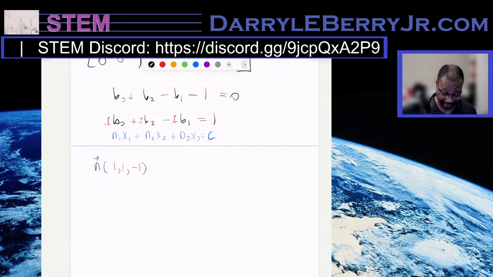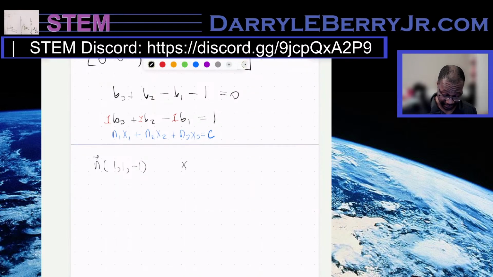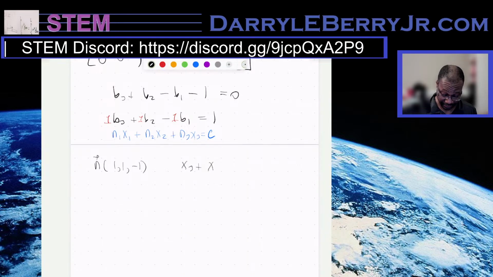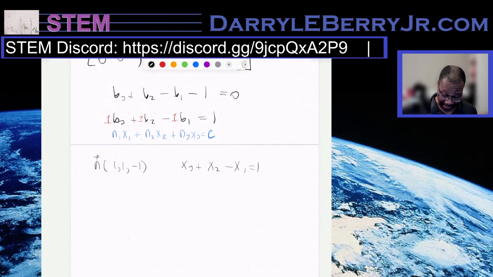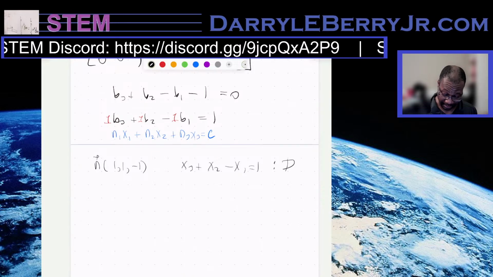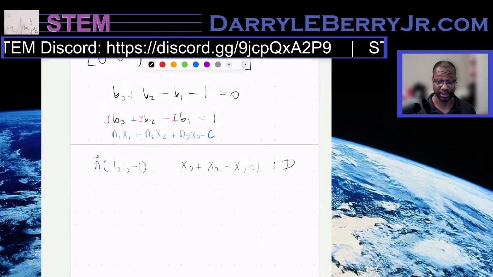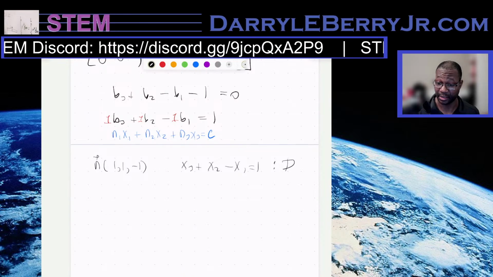Normal vector is that, and I can see I have x3 plus x2 minus x1 equals 1, and that's my plane in R3. So let's see what the book says and see if I made any mistake anywhere.